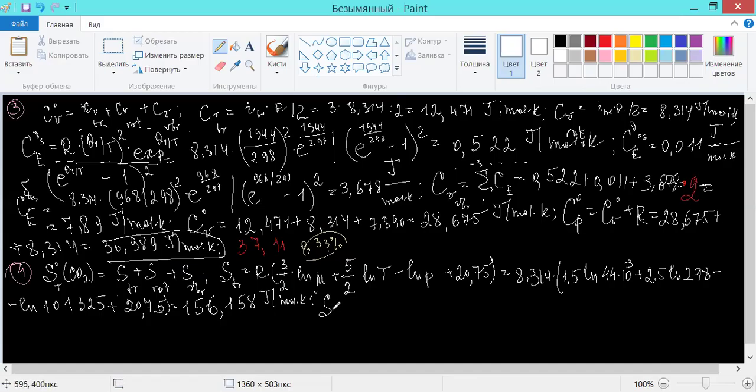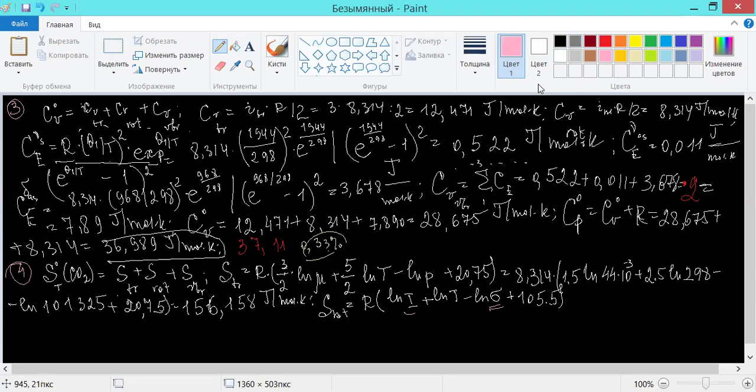S rotary is equal to R times natural logarithm of I, where I is the inertial moment of this molecule, plus natural logarithm of temperature, minus logarithm of sigma, where sigma is the symmetry coefficient of this molecule, plus 105.5. So we got two moments at this point to deal with.